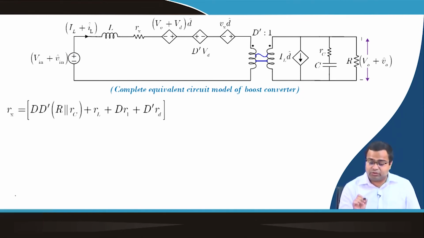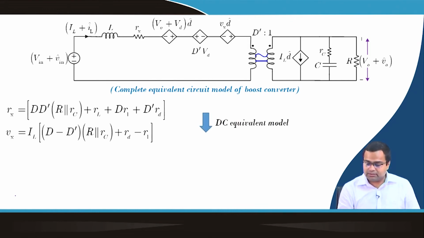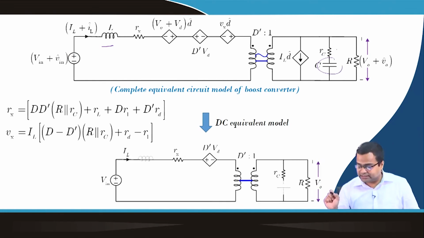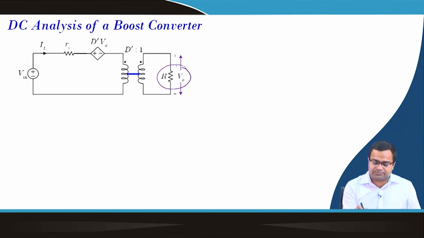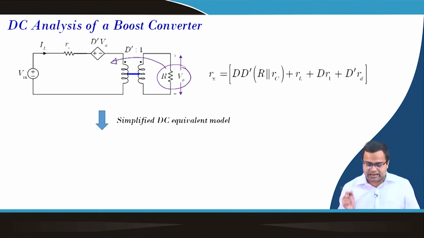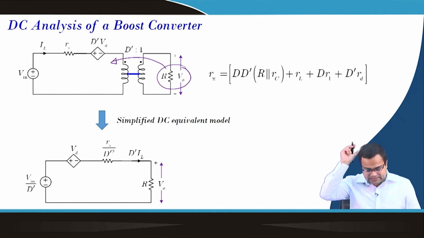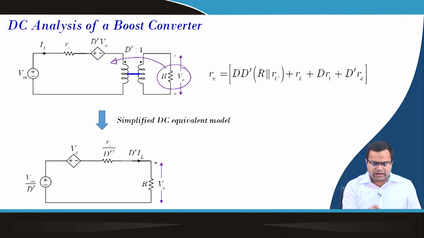Then, in order to get the DC equivalent circuit, we need to short the inductor and open the capacitor, and that is the circuit here, and then we need to make a suitable transformation. In this case, we can transform this into this side, and then we get the simplified circuit. Here we have transformed right to left, left to right, we can do any side.